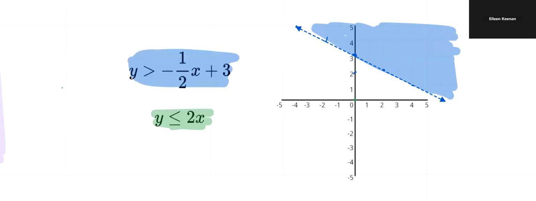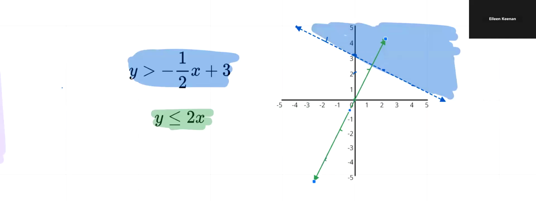So from 0, my slope is +2. So up 2 over 1, up 2 over 1. We'll do down 2 over 1, the opposite way, down 2 over 1. All right, so now we connect them, draw our line. It's pretty close. There we go, that's a little better.